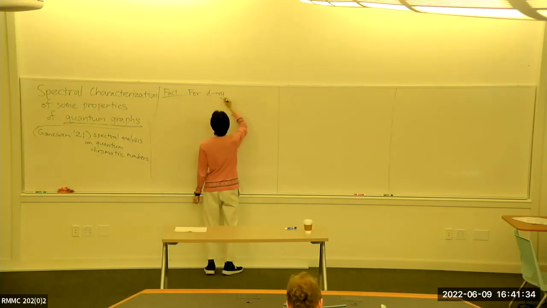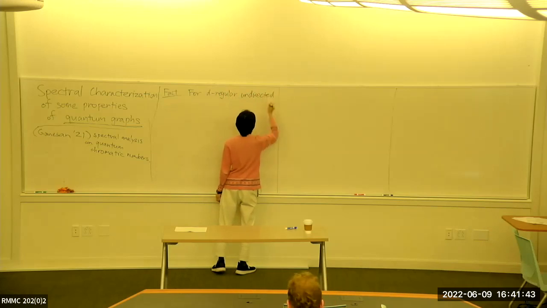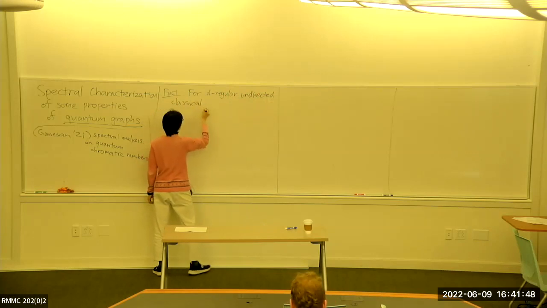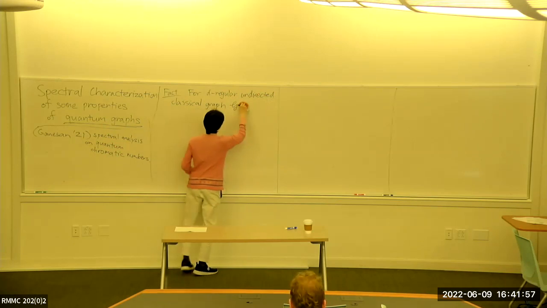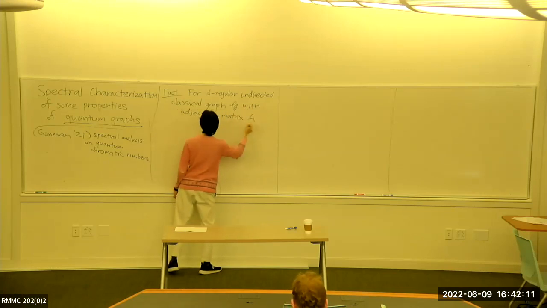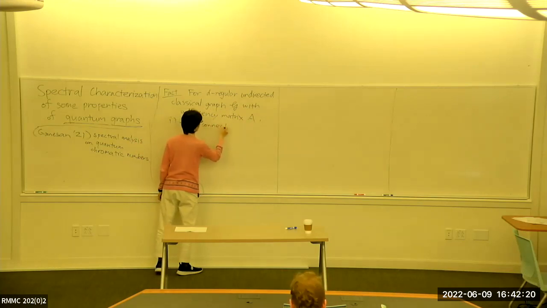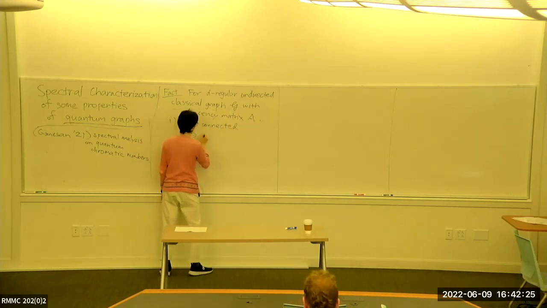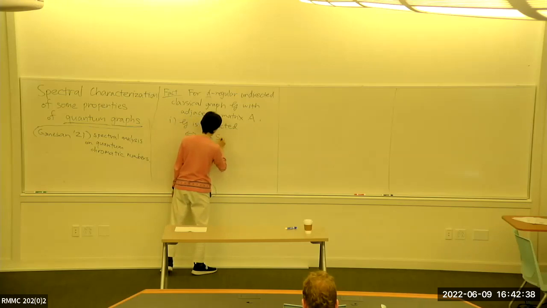For a regular undirected classical graph whose adjacency matrix is A, it is known that this graph is connected if and only if the degree D is a simple root in the spectrum.